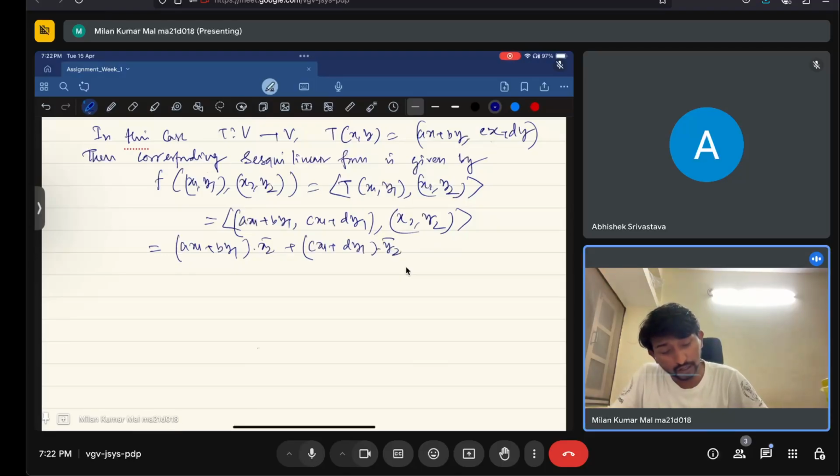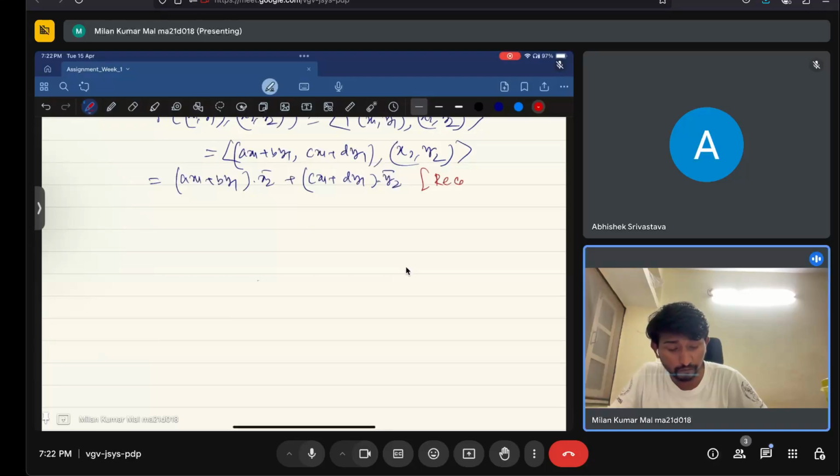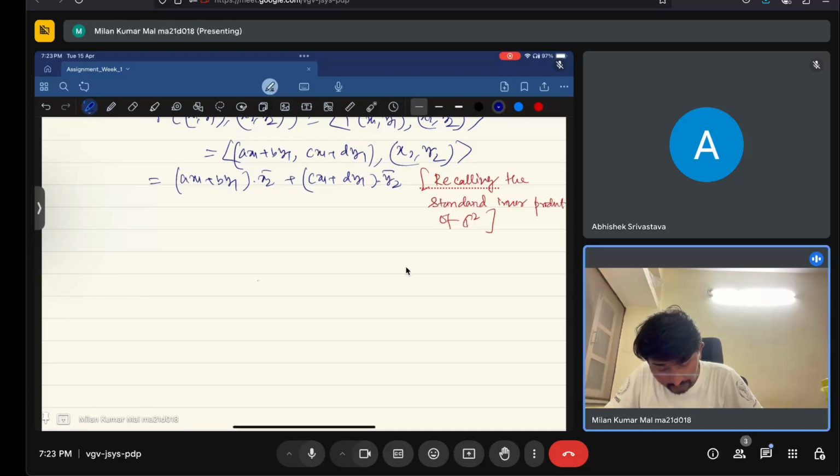This is the standard inner product, recalling the standard inner product of C2. Now this can be expanded: ax1 x2 bar plus by1 x2 bar plus cx1 y2 bar plus dy1 y2 bar.